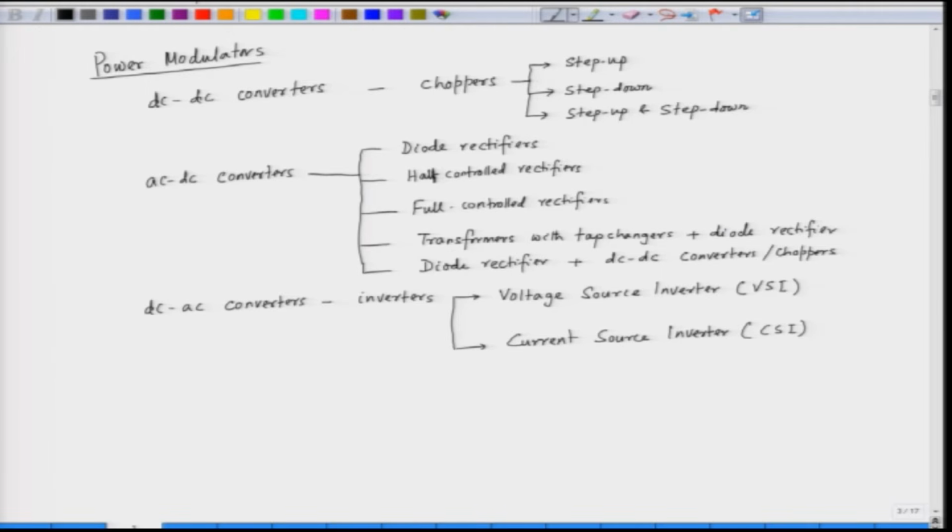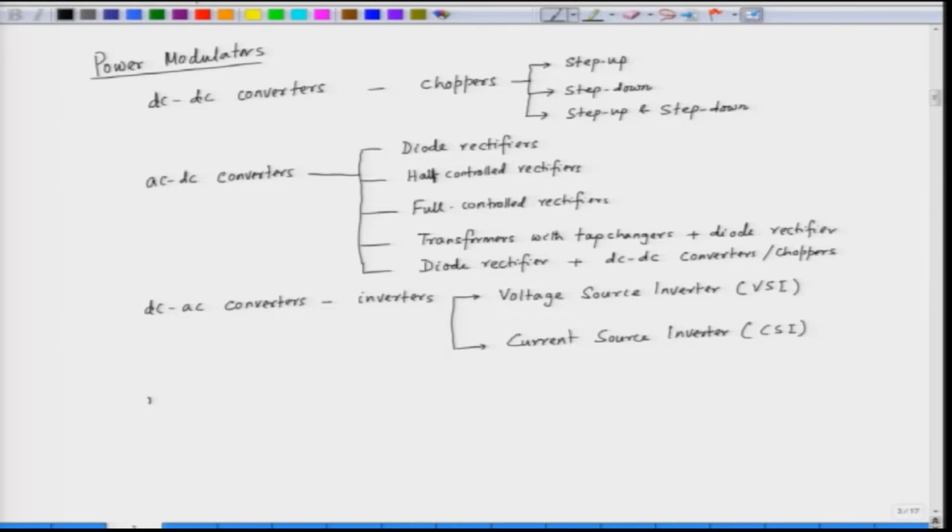Now, we have the last type of power modulator which converts AC to AC. We have an AC supply which is fixed voltage and fixed frequency, but we may need a variable voltage, a variable frequency, or variable voltage fixed frequency, and in that case we use AC to AC converters.